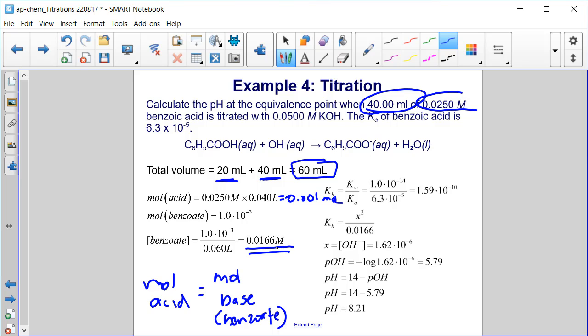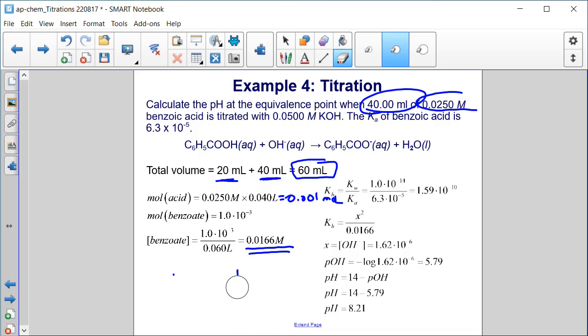Okay. Now, I have Ka of the acid. I use that to find Kb, 1.59 times 10 to the minus 10. And the reason is because I can write this Kb expression using this reaction here.